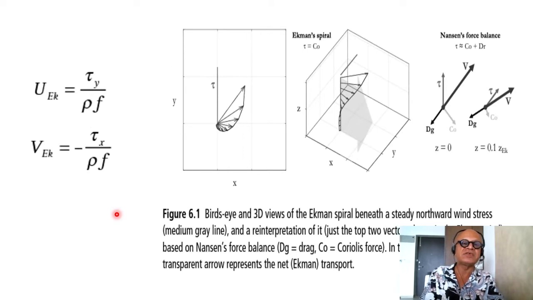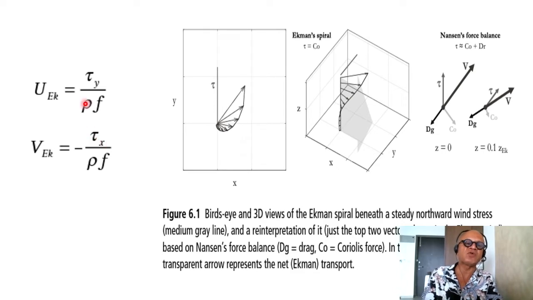So when you integrate down to the bottom of the frictional layer where the wind effect vanishes, at the surface the winds are coming in and slowly penetrating momentum, and at some depth the winds are not felt anymore.